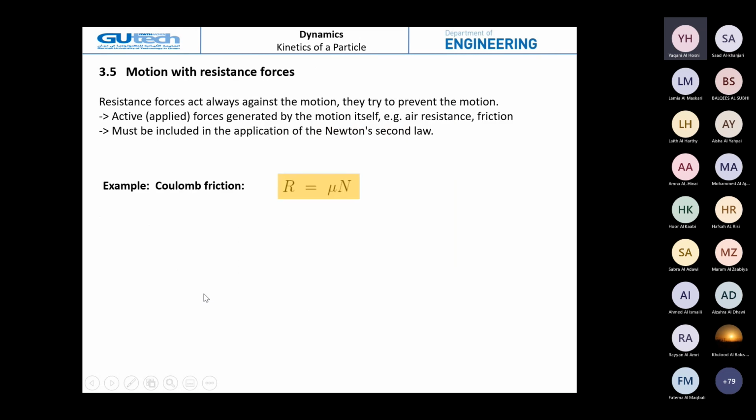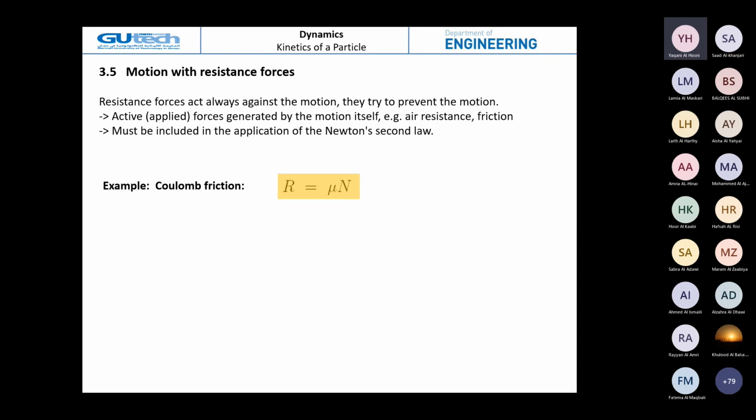Now we take the motion with a resistance force. Resistance forces are always against the motion, like a brake.